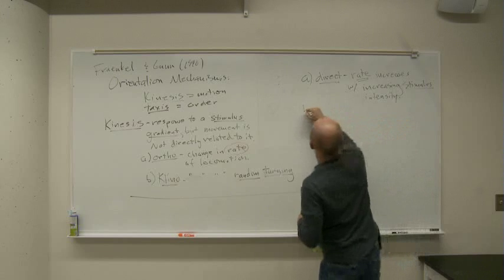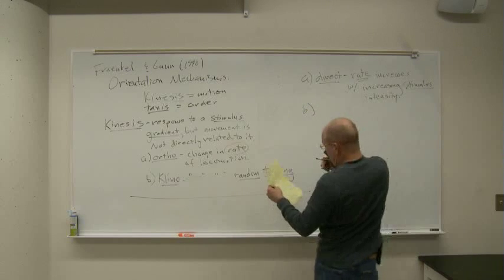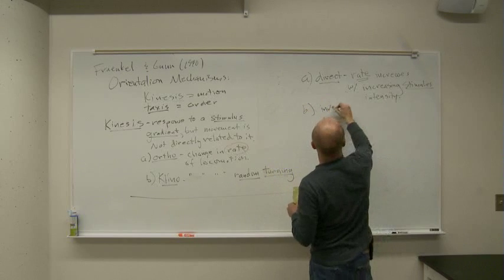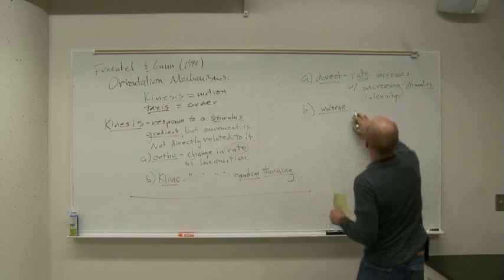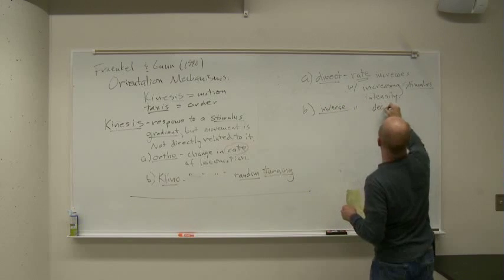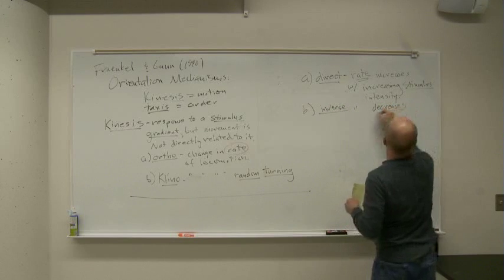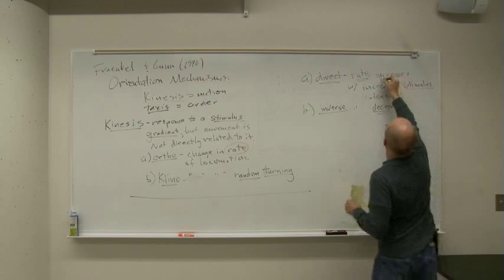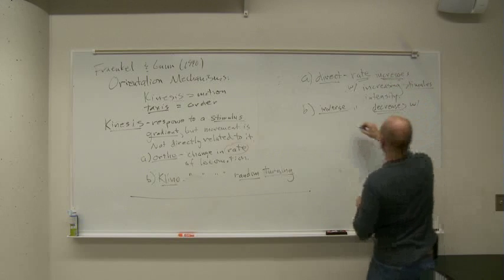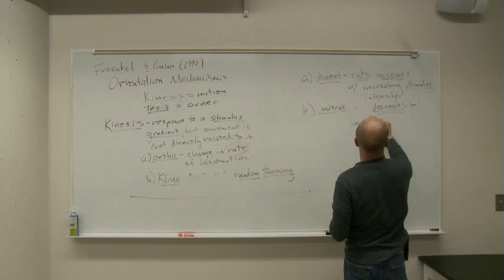And the second is what we're going to call inverse. An inverse means that the rate decreases with increasing stimulus intensity.